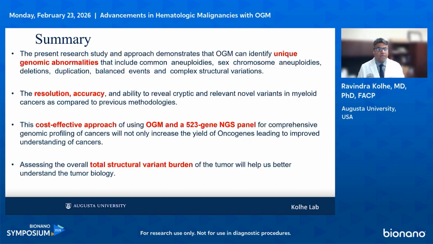The other good thing is that, compared to whole genome sequencing, it is a relatively cost-effective approach using OGM and a comprehensive genomic panel, which is helping us to profile these cancers, not only increasing our yield of oncogenes, leading to improved understanding of cancers, but also helping us to assess the overall total structural variant burden of the tumor to understand the tumor biology, especially how these tumors are separate in different individuals, and how they can be studied differently.